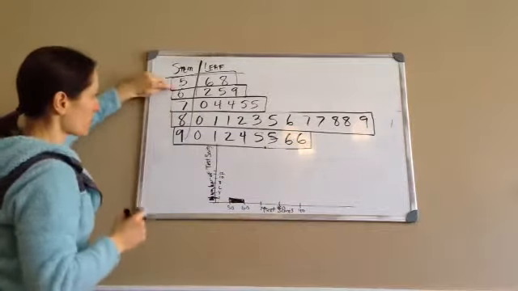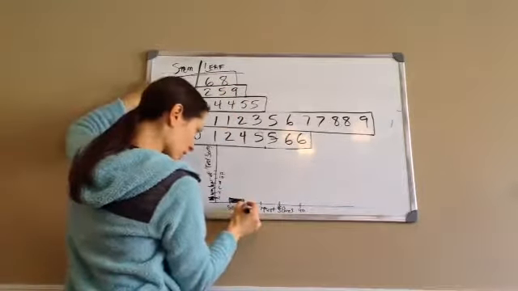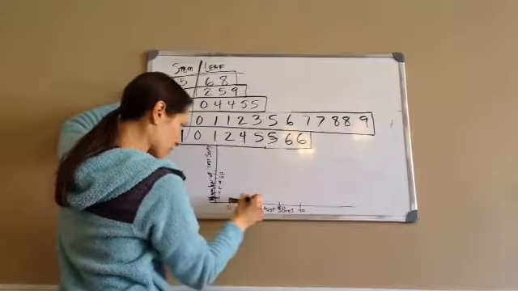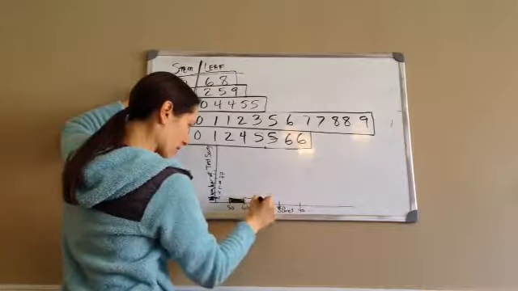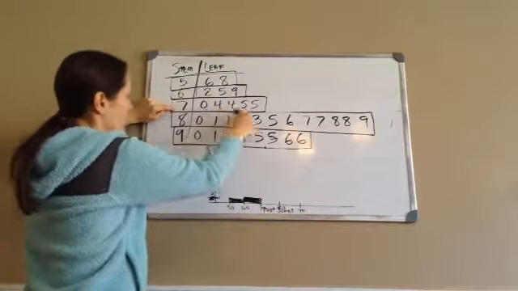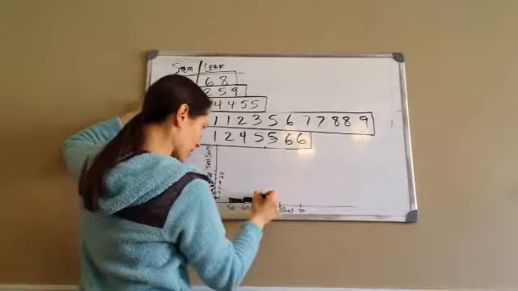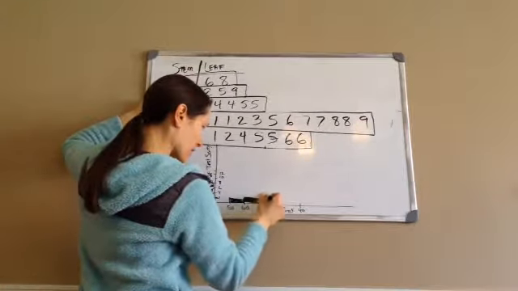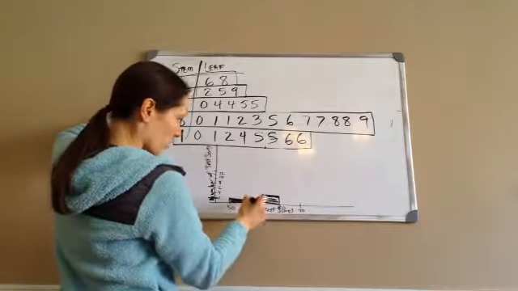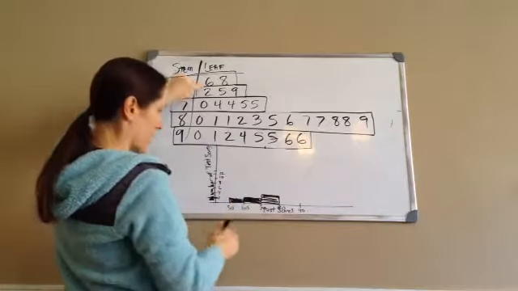See that? From 60, 62, 65, and 69, there would be 3 of them. So from 60 to 69 would be 3 of them. Then on this one, there are 5 of them. So from 70 to 80, there would be 5. They went on and wrote the scores like 56 and 58 in here, and you can do that if you want to.